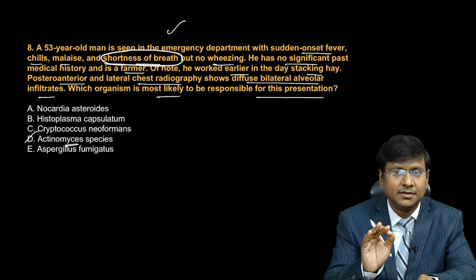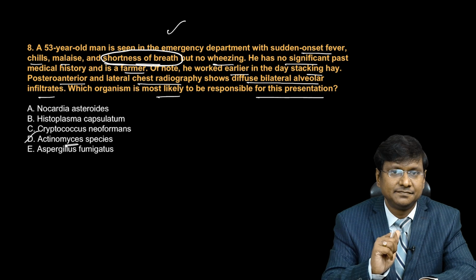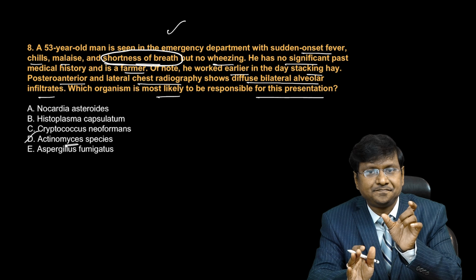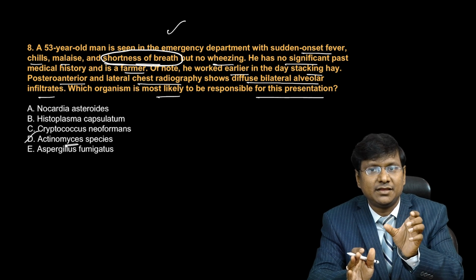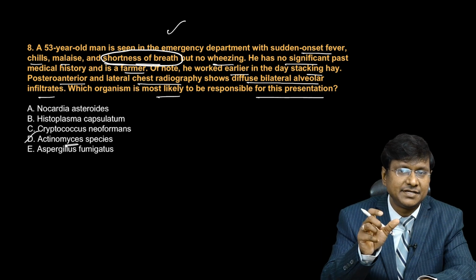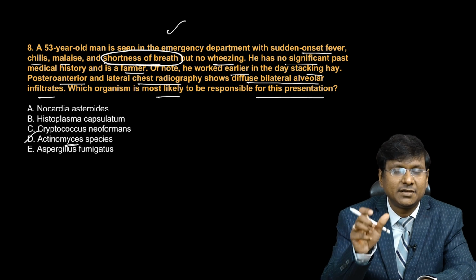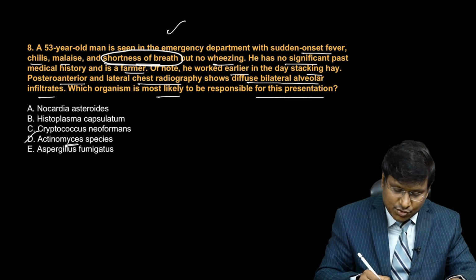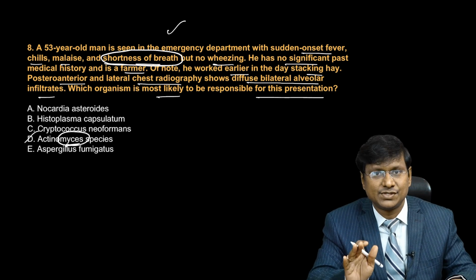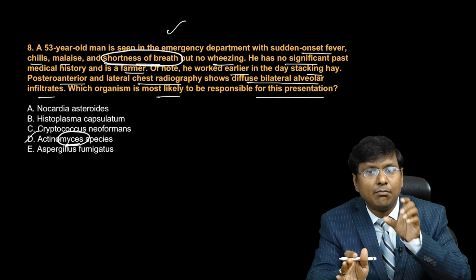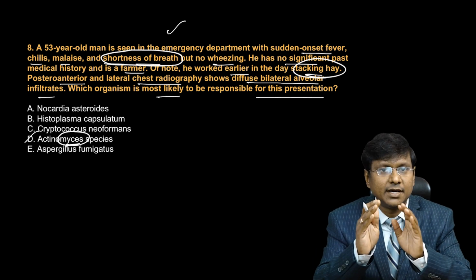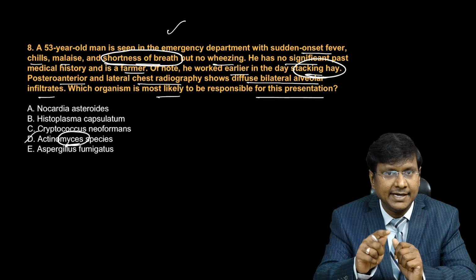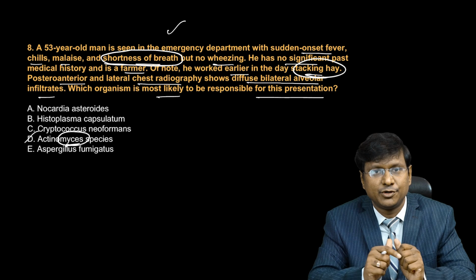He is a farmer and was recently handling hay, and the clinical presentation and radiogram are consistent with farmer's lung, which is a hypersensitivity pneumonitis caused by actinomyces. In this disorder, moldy hay with spores of actinomyces is inhaled and produces the hypersensitivity pneumonitis.